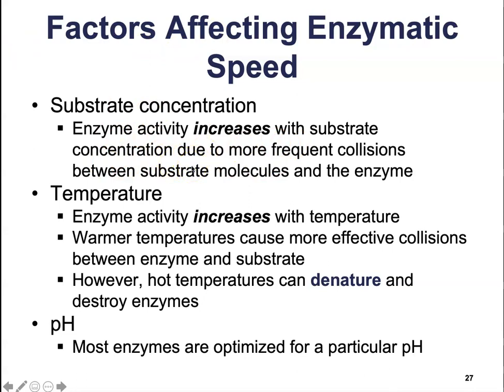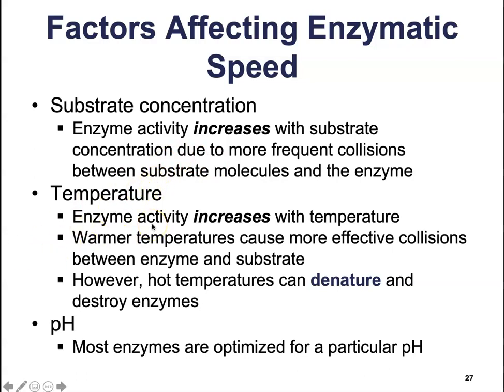So meaning if there is more substrate there, you will have an increase in enzyme activity because there is more of a chance of the enzyme coming in contact with the substrate because there's more substrate around. Okay, so that's what this is saying, more frequent collisions between the substrate molecules and the enzyme. So there you go. Super simple concept to understand, I think.